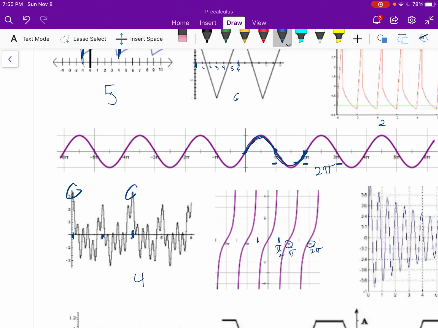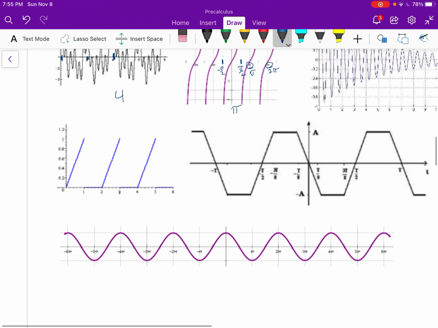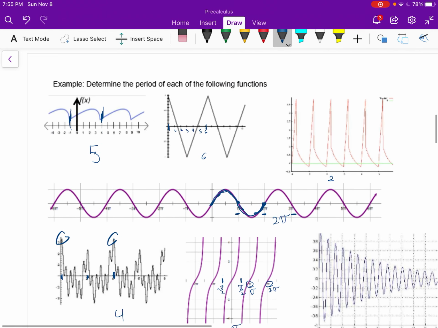So in one little branch here, this is in several different parts, but this one goes from negative pi over 2 to pi over 2, so the period would just be pi, because that's like negative half to positive half. So we'll stop there. We could keep going, but we could find the period of these different ones. That's it for the first section.